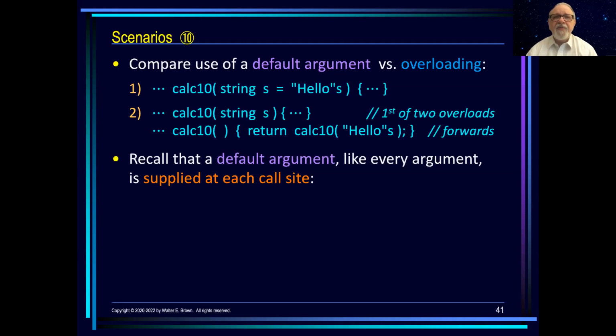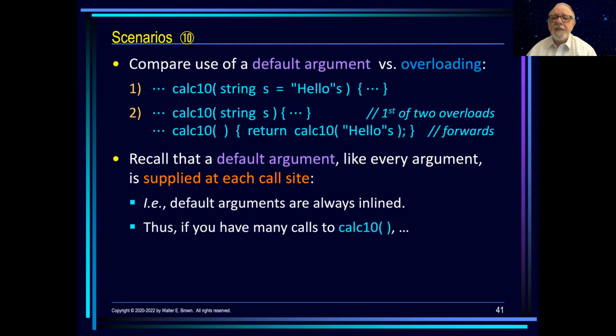Keep in mind that a default argument, just like every argument, is supplied at each call site, right? In other words, you can think of it as default arguments are inlined. If I call this function multiple times, I'm going to get probably multiple copies of that default argument.